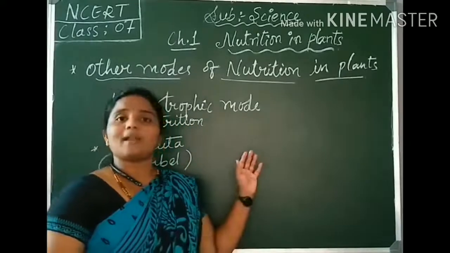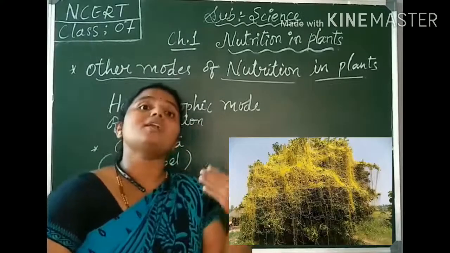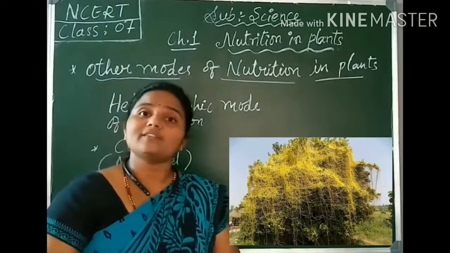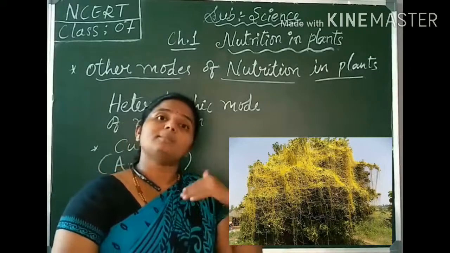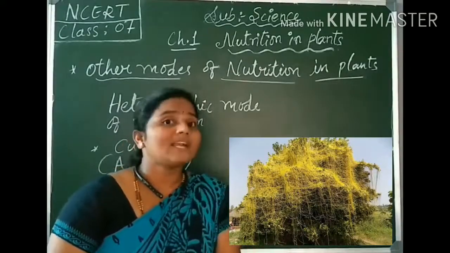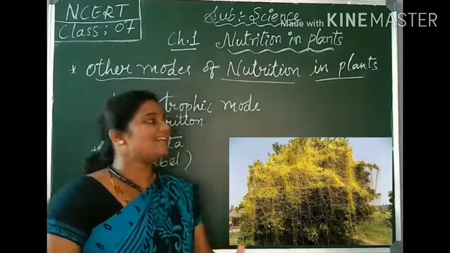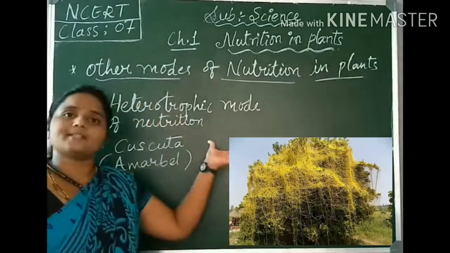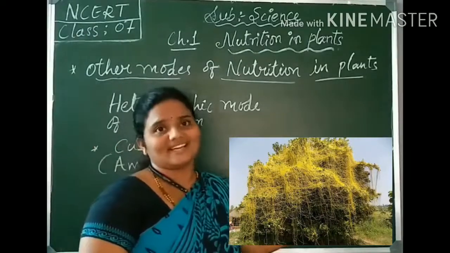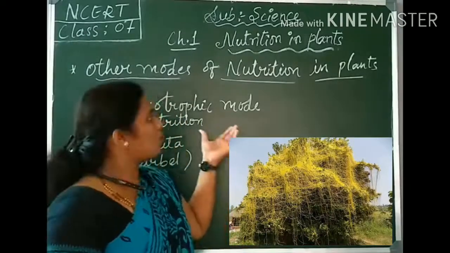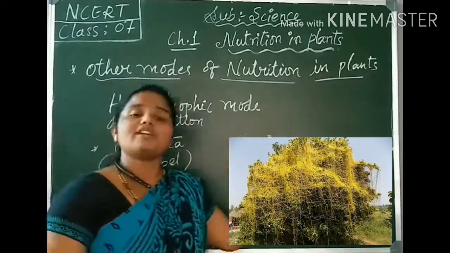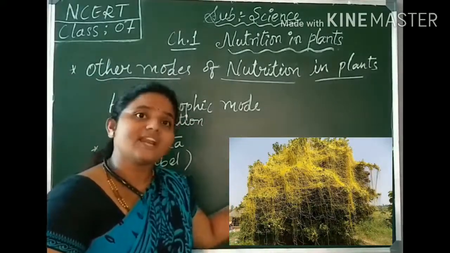Such plants depend on other plants, like heterotrophs. Heterotrophs depend directly or indirectly on plants and plant-eating animals. Similarly, there are a few plants that also depend on other plants. So what kind of mode of nutrition do they show, children?